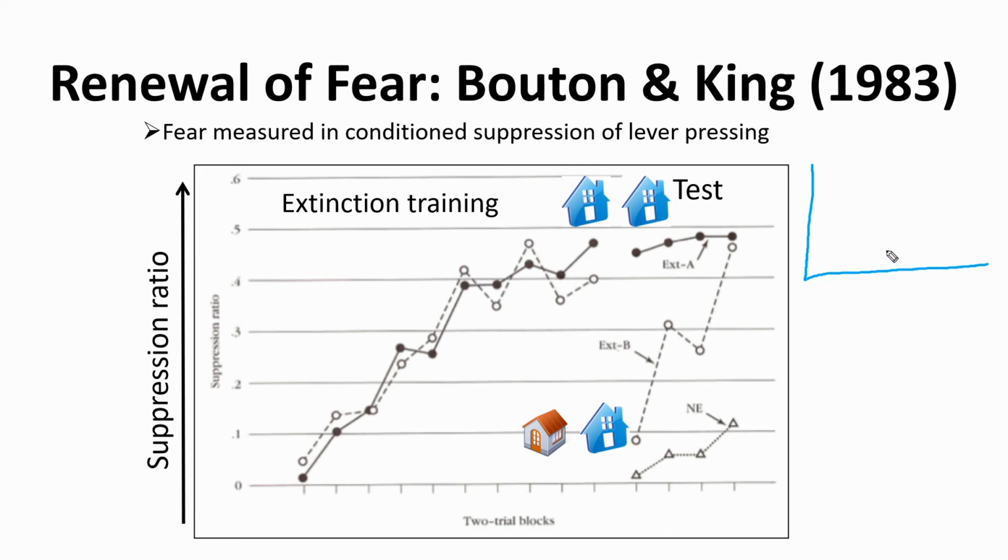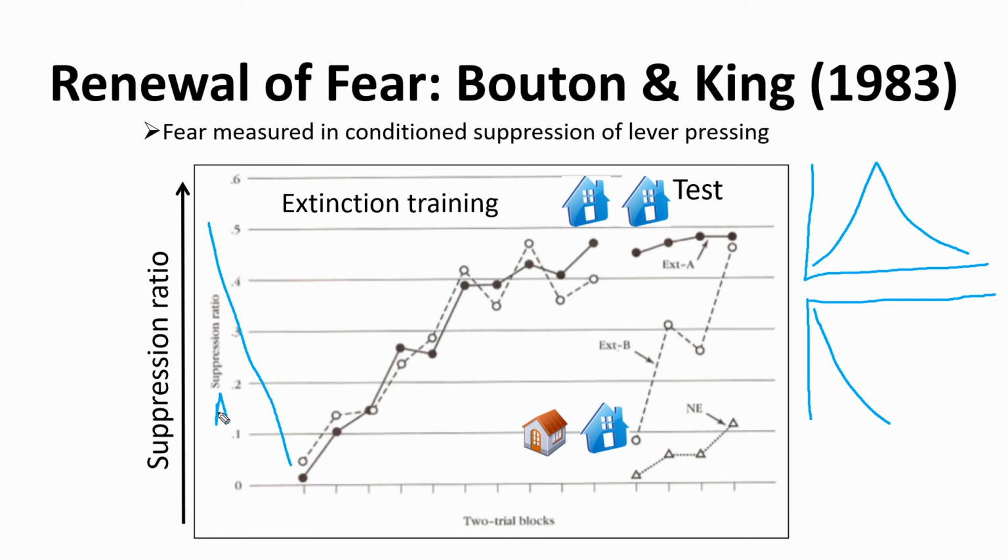Our usual graph looks kind of like this, where we have acquisition and then extinction. This is just the mirror of that. Our acquisition would be a sort of increase in suppression, so it would look like this.